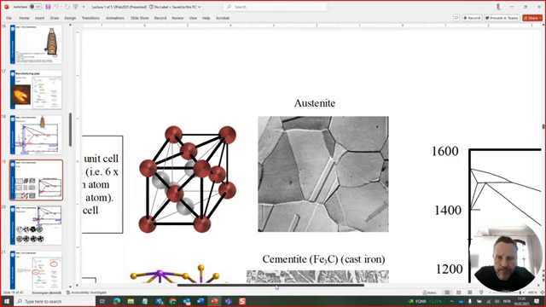Typically where we see grains would be in a sugar cube. Steel has grains just like a sugar cube when you zoom in extensively. Austenite has an FCC structure.